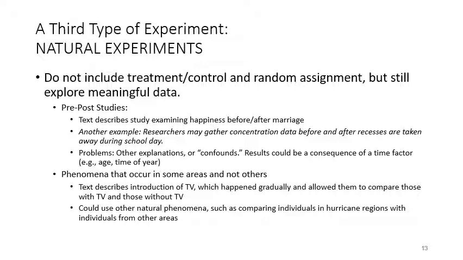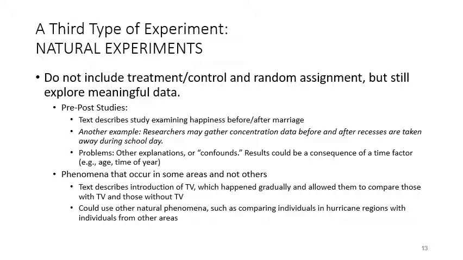So when we debate whether these are experiments, we would say, well, they are and they aren't, because the researcher didn't manipulate anything in any of these cases, but the world did. In the first example, life itself intervened with this marriage. In the second example, the policy came into effect about changing recess. In the third example, TV, just for practical reasons, could not be introduced everywhere at once, so we had some people with and some without.